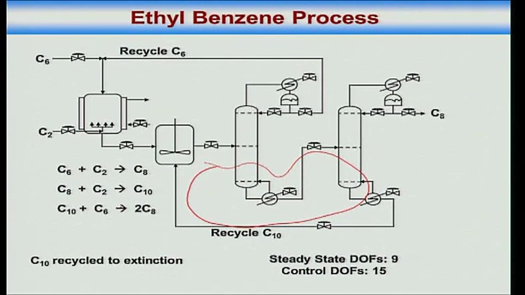Ultimately, consumption by the last reaction will balance formation by the second reaction. Yes or no? And then you will have no net formation of diethyl benzene in your process. This is called recycling diethyl benzene to extinction. Does that make sense? So diethyl benzene is recycled to extinction.